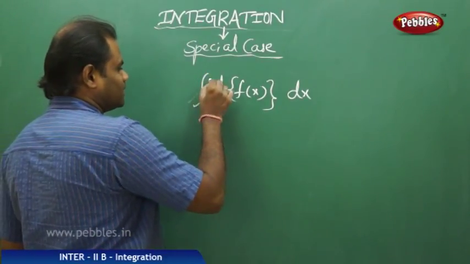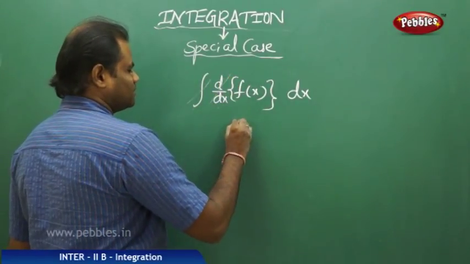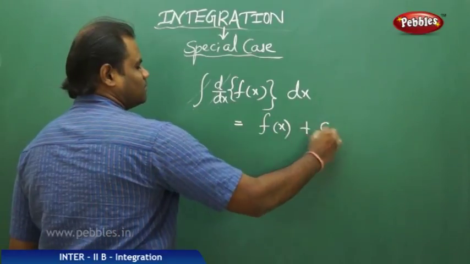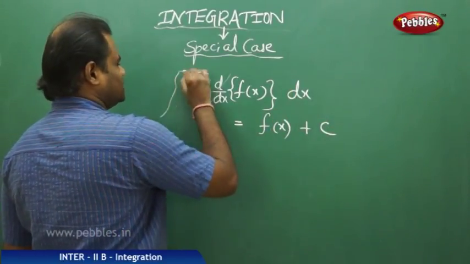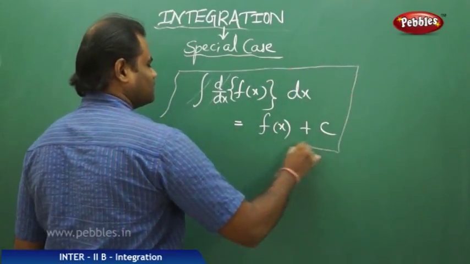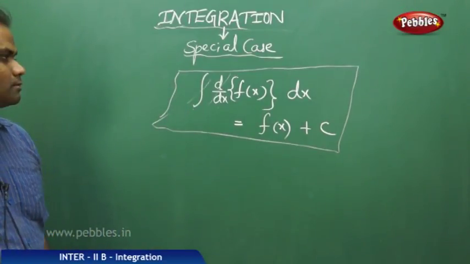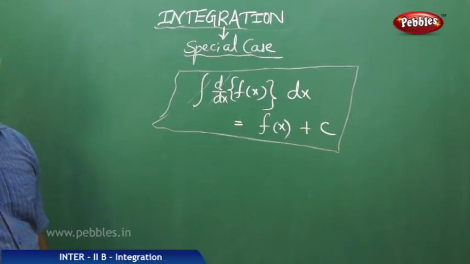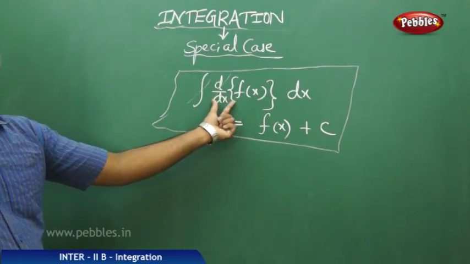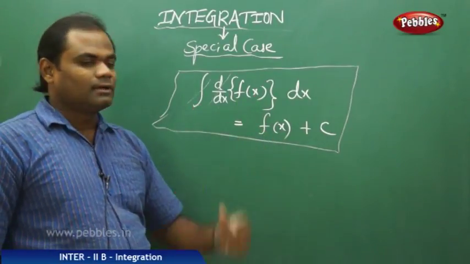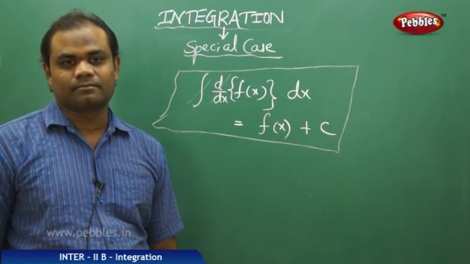In general, these two get nullified, which gives us F of x plus c. So the integral of a derivative is F of x plus c is how we understand integration connected with derivative as nullifying or cancelling each other to give F of x plus c.